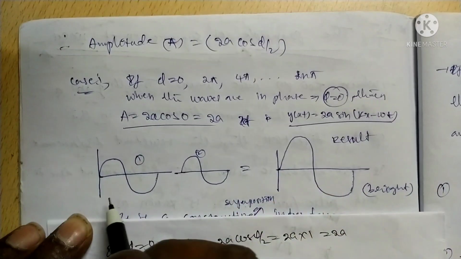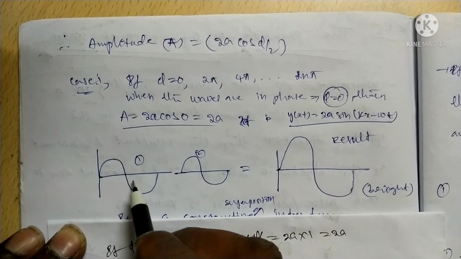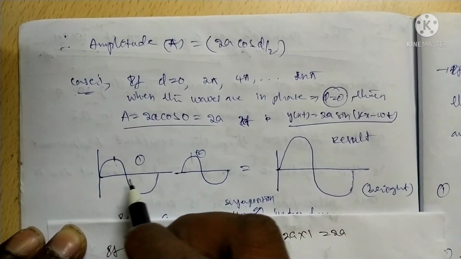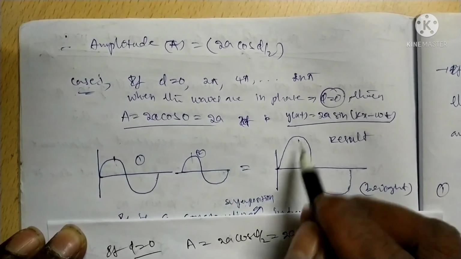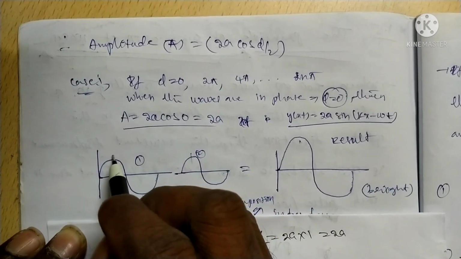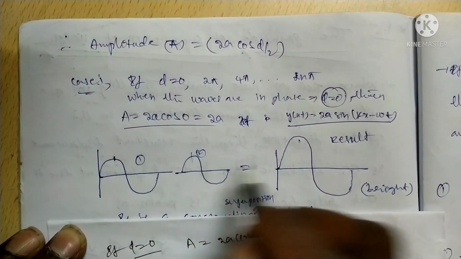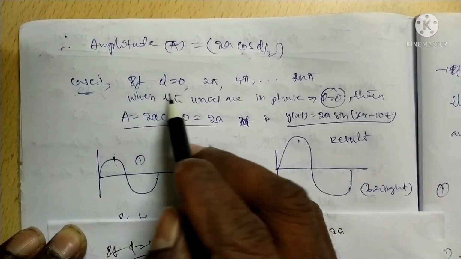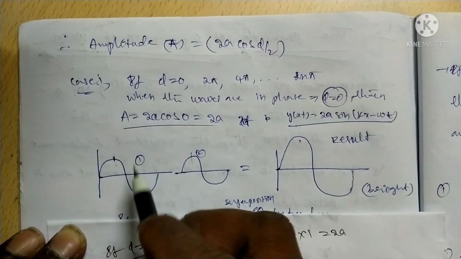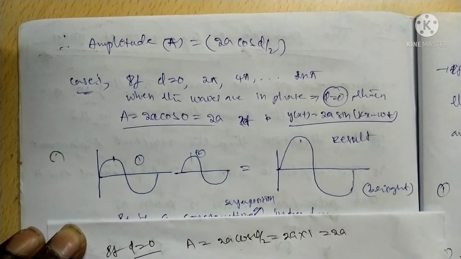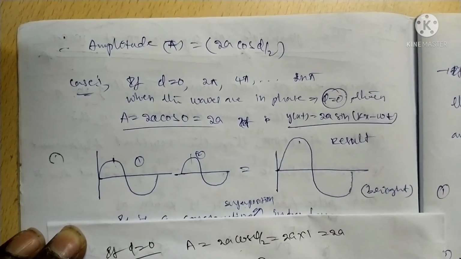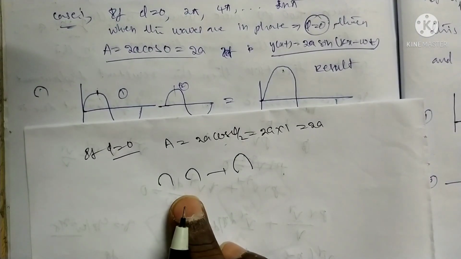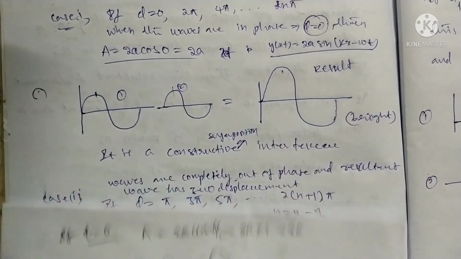The first wave and second wave give the resultant where crest and crest superpose, and we get the highest amplitude. Suppose 1 centimeter plus 1 centimeter, we get 2 centimeter amplitude of the resultant wave.